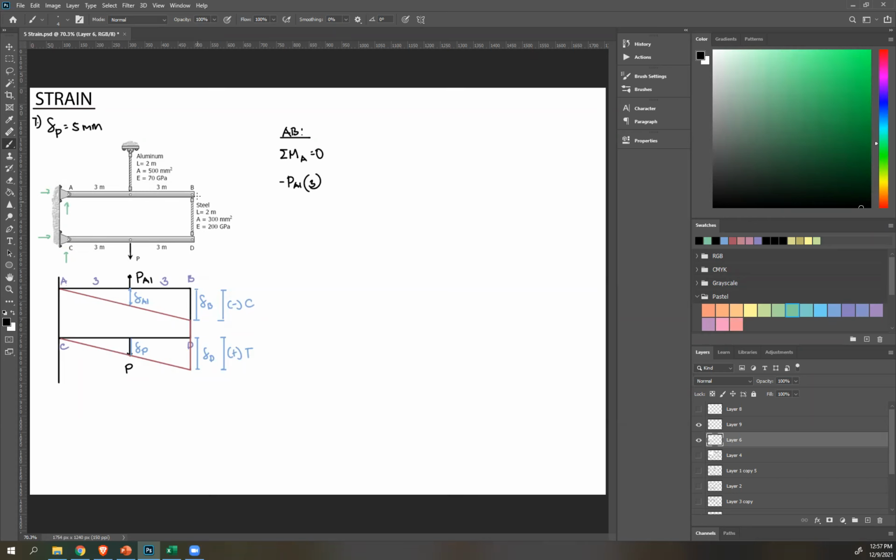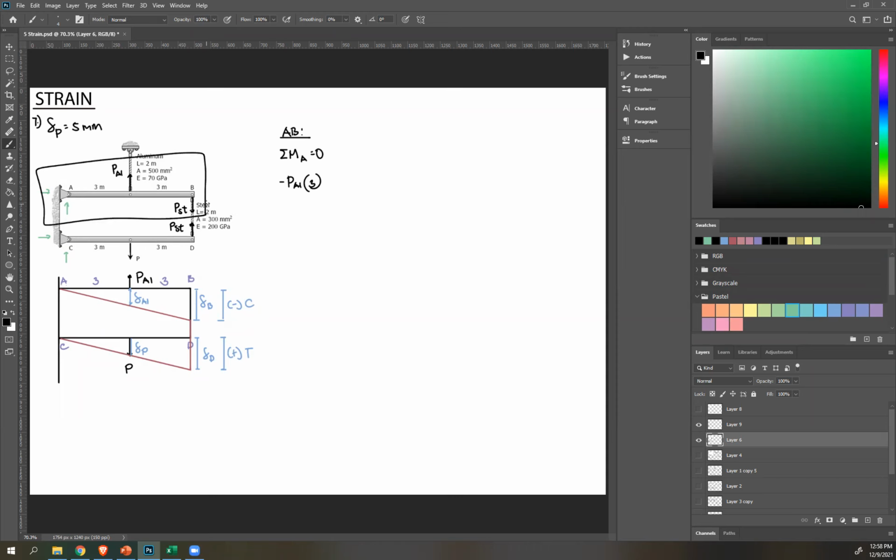Okay? Next, we have this for the steel. Now, what happens for steel? Let me just draw everything. This is your PAL. Here for the steel, you're gonna cut here. Wherever you cut, there's internal load. So there's gonna be a PST here. And then same thing here. If you cut this, isolate the bottom, there's also a PST.